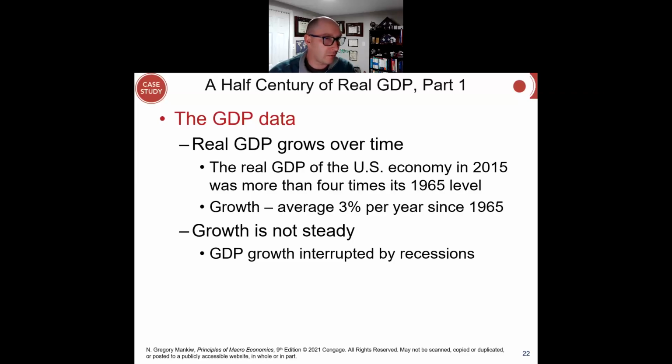Now, recessions are kind of a funny thing. They're not always the same. A recession could be short or it could be long. It depends on the situation, right? The last long recession we had was in 2009 until about 2012.